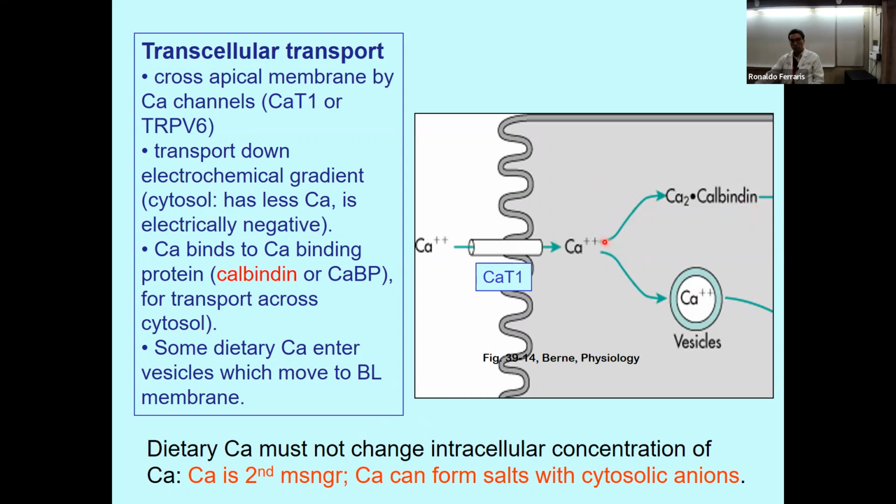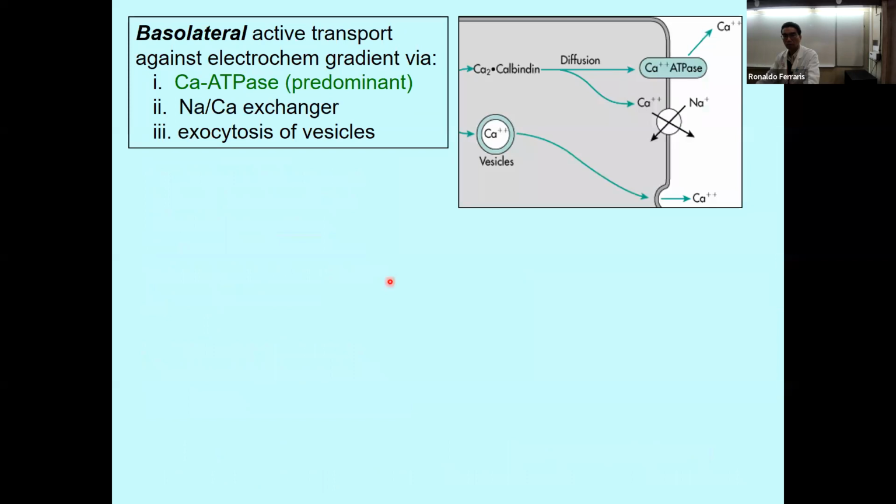We sequester calcium either by binding it with a calcium binding protein or by sequestering it in vesicles. Calbindin is sometimes called CABP in some books.